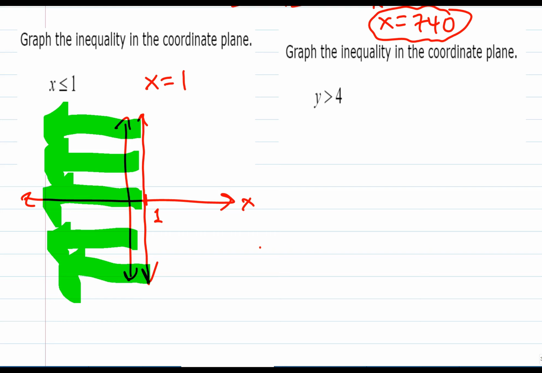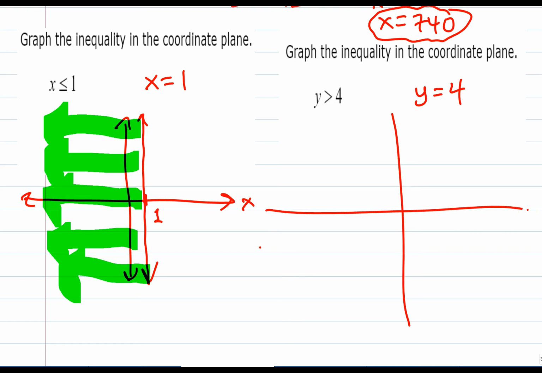What if it's y is greater than 4? You start by asking yourself, can you graph y equals 4? Can you graph that? Where would you start? On the y-axis at? And we would draw a line that's what?